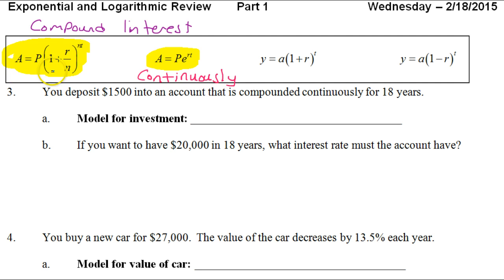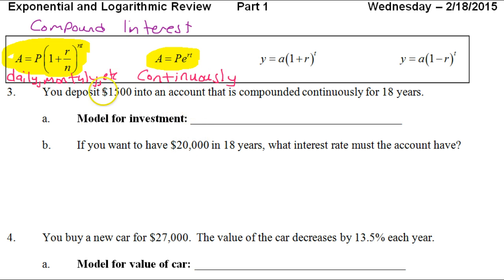And this one on the left is when we compound in any other interval, whether it's daily, monthly, what have you. So as soon as you see compounded continuously, that lets you know that we're going to be using this PERT formula right here.